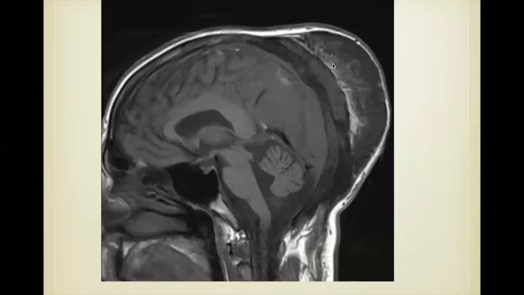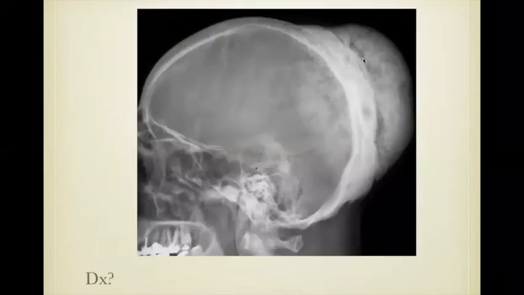Now here we have focal widening of the skull on the MR scan, and you can see some striated enhancement here, with loss of the normal fatty marrow signal. Here's what it looks like on a plain film. This is an osteosarcoma. Now, primary bone tumors of the skull, at least in my practice over the years, are pretty rare. You'll read reports.